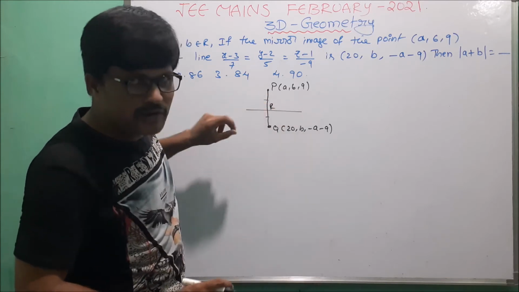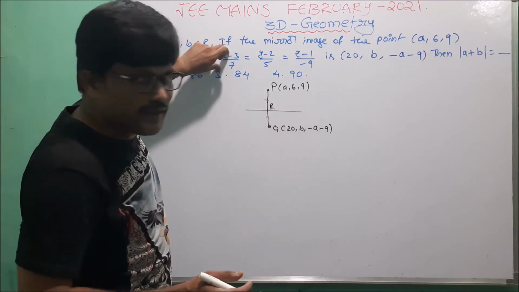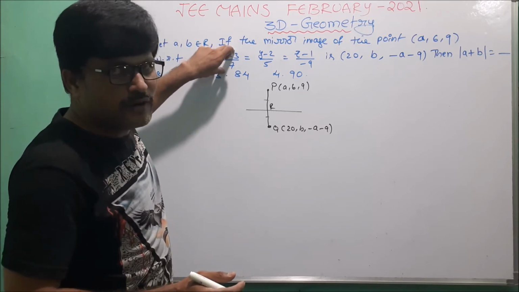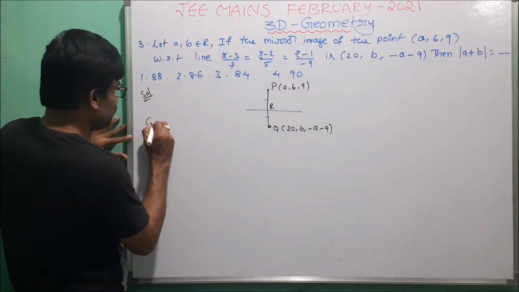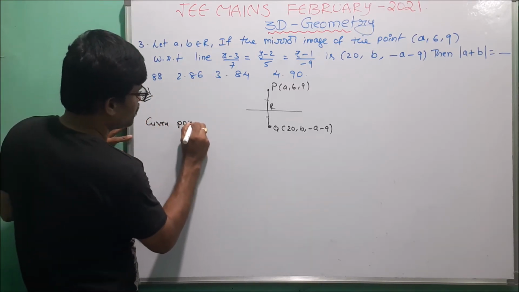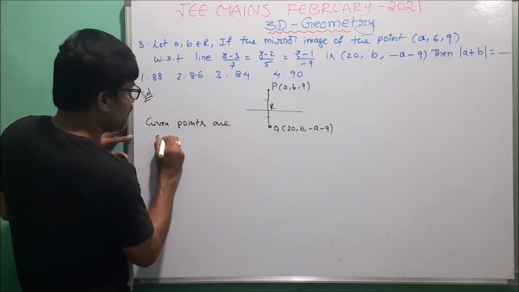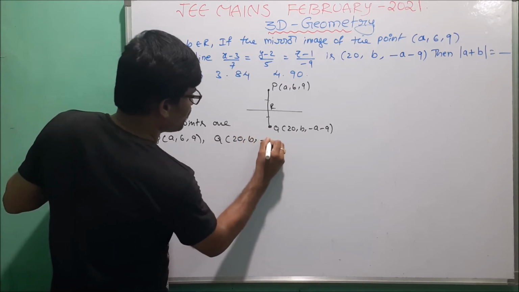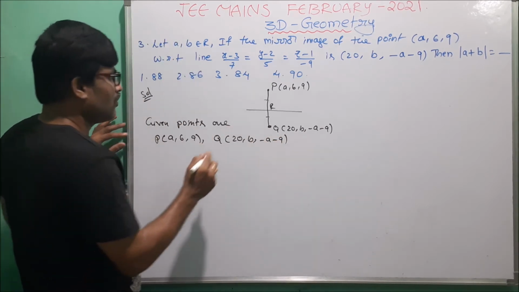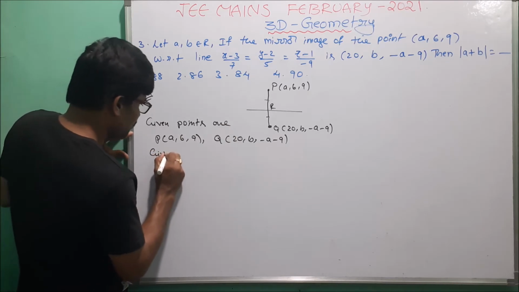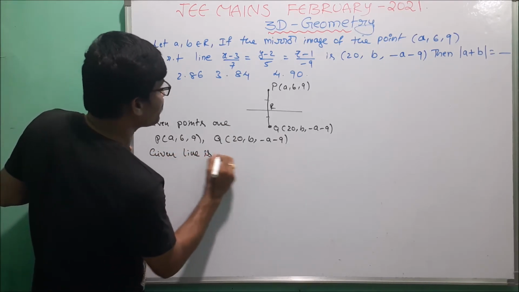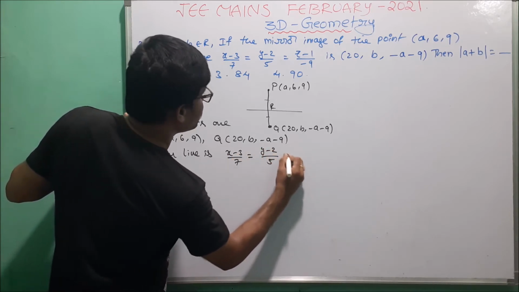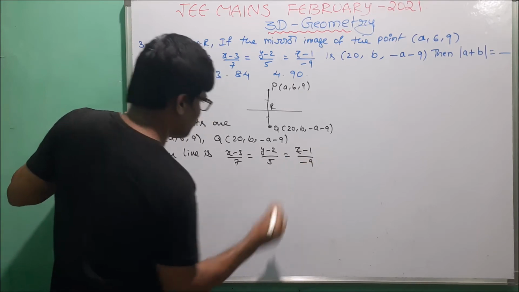So R is any point on the line. Now here the line is already given in symmetric form, so we get any point on the line. Given points are P (a, 6, 9), Q (20, b, minus a, minus 9). The given line is (x minus 3)/7 equal to (y minus 2)/5 equal to (z minus 1)/(minus 9).